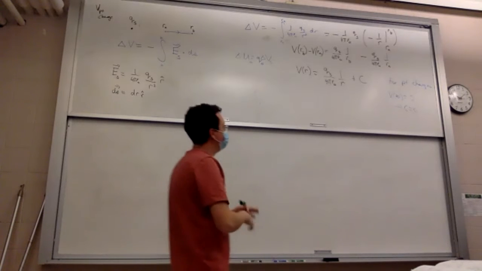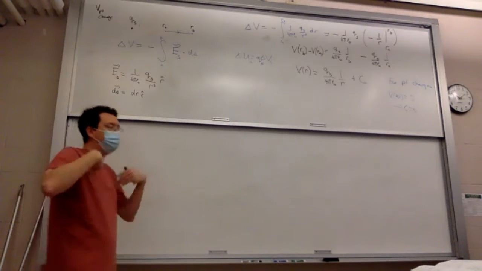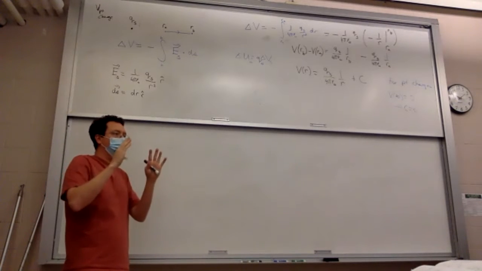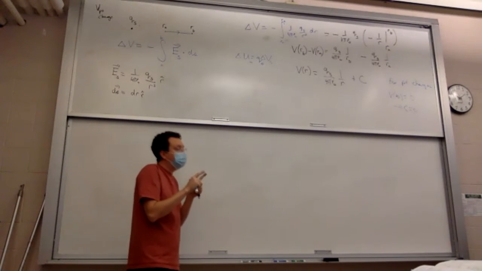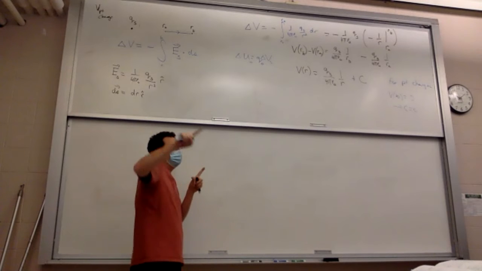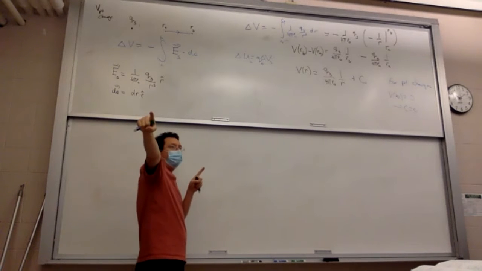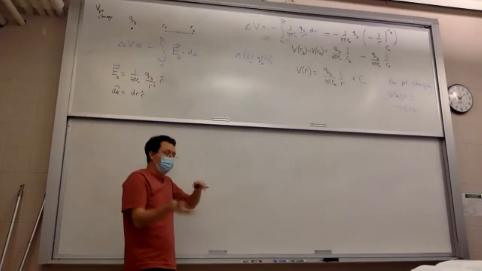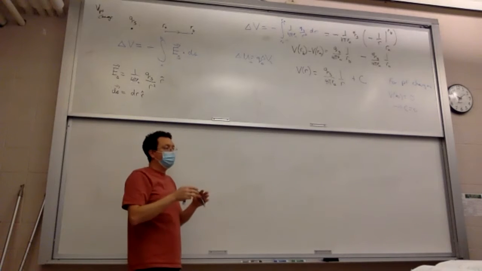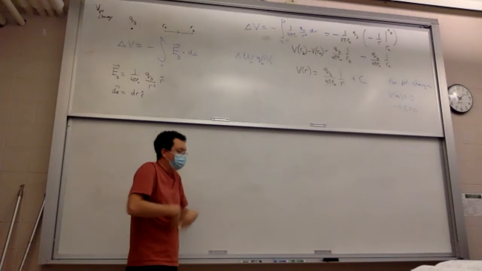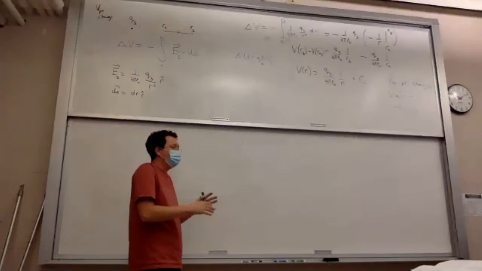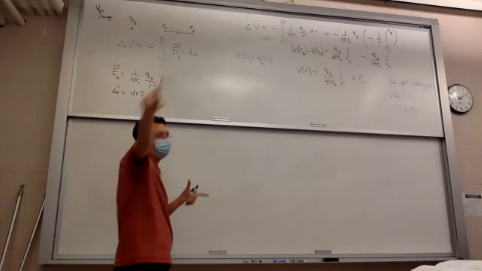No, what I'm saying is, remember, the physical things we measure are differences. So what we're really implicitly doing is we choose a point at infinity to be 0. Equivalent to that is saying that when we say something has a certain potential, what we mean is it has a potential relative to infinity.